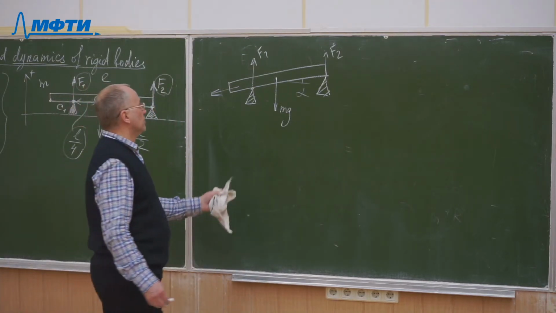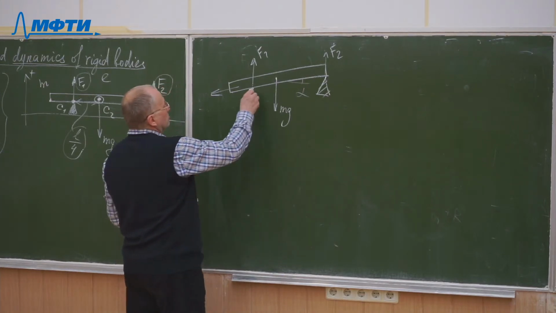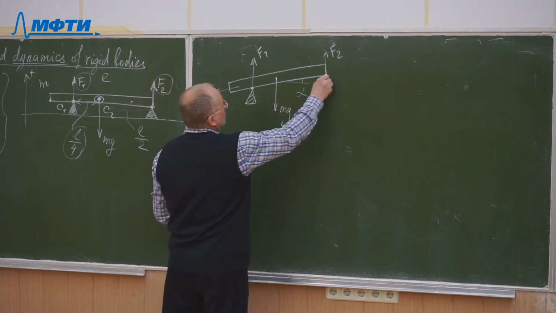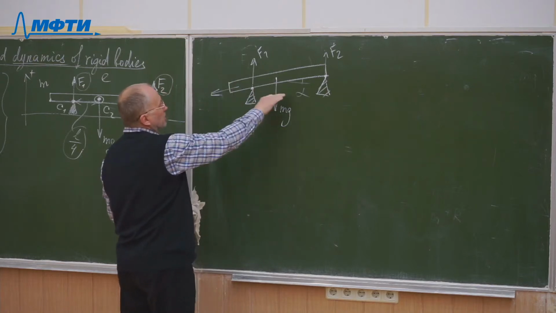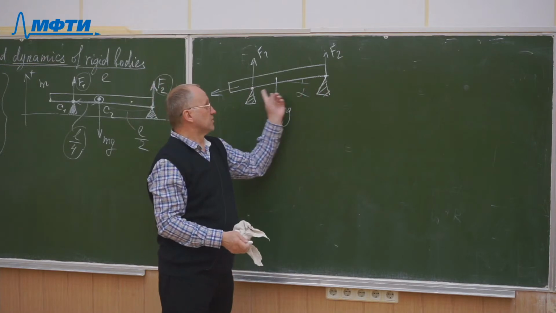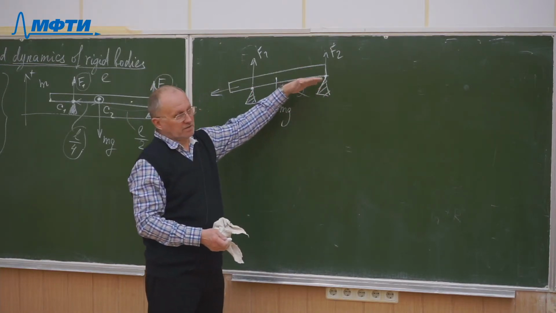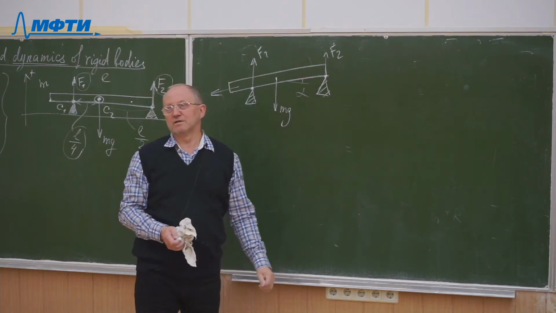And actually, if you make this situation real and measure these forces, you will find that each time you put the bar here, these two forces are different. They are variable forces which vary randomly.